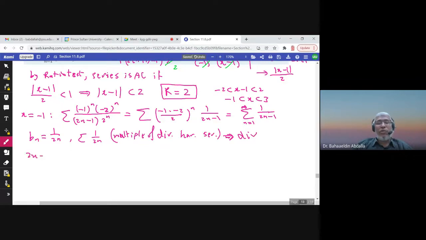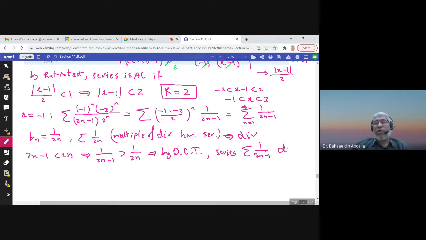And 2n minus 1 is less than 2n, so 1 over 2n minus 1 is greater than 1 over 2n. So by the direct comparison test, the series 1 over 2n minus 1 is also divergent.